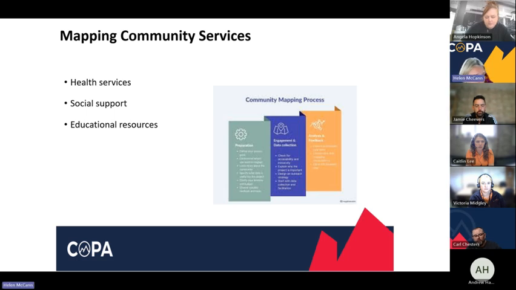The health services might include things like your GP, mental health services. Social support could be housing, childcare, and then educational support should focus on training and personal development opportunities for staff. So is there plenty of personal development within your organisation, do you feel?